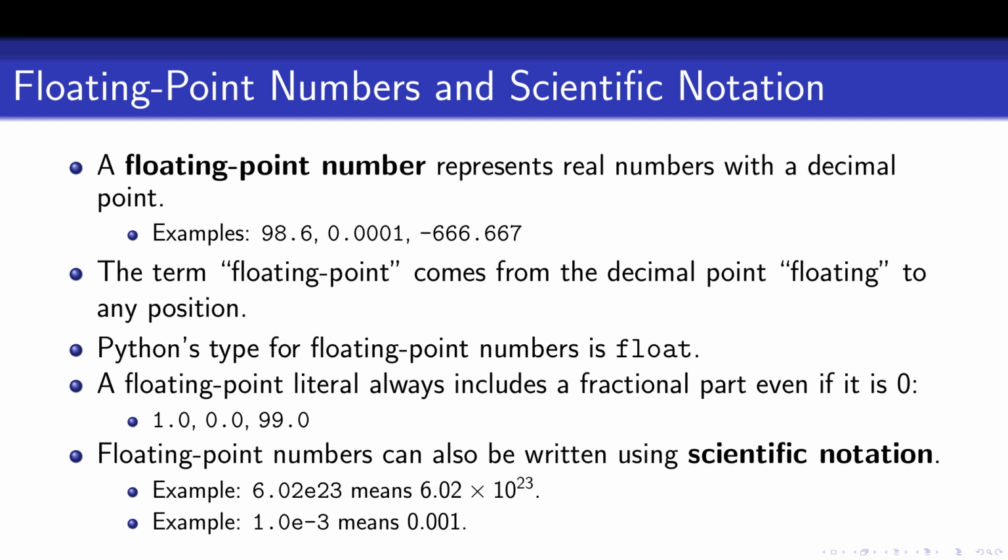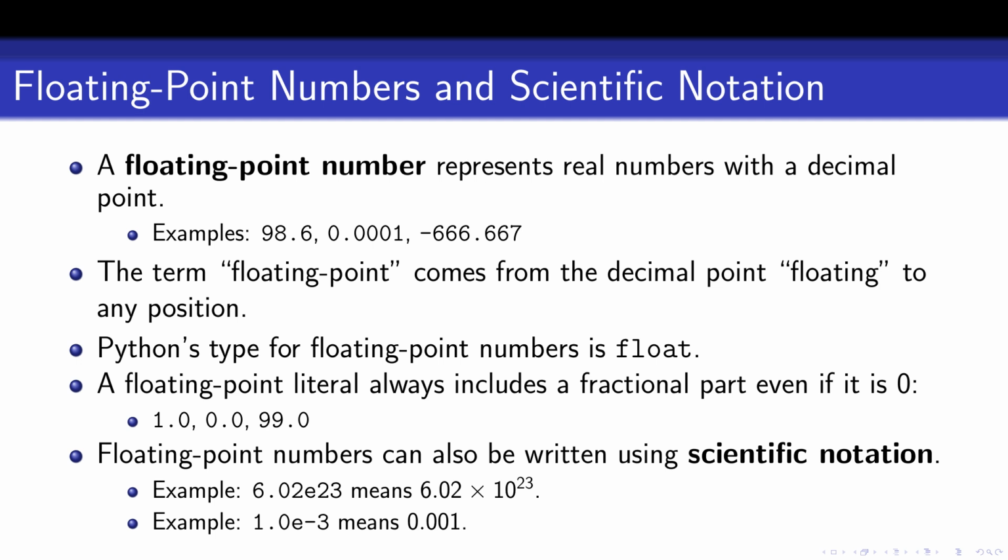The floating in floating point refers to the fact that the decimal point can appear anywhere, essentially floating across the digits. In Python, floats are their own type and are especially useful for representing measurements or values with fractional parts. Even when the fractional part is 0, as in 1.0 or 99.0, the number is still treated as a float.